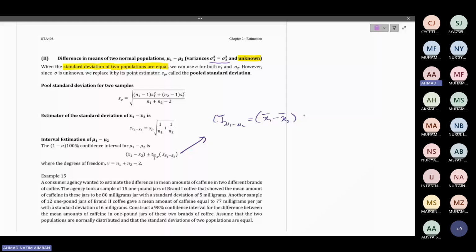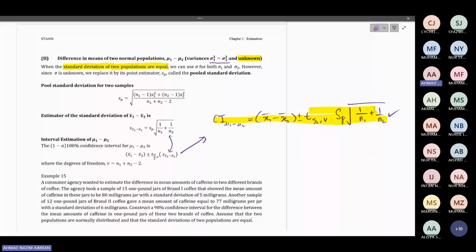T alpha over 2, degree of freedom. Terus masuk the standard deviation of the difference, which is equal to pooled standard deviation times the square root of 1 over n1 plus 1 over n2. Takut nanti you confuse antara yang ni bila nak masuk kat mana semua kan. So, straight away use this one. Okay, so you tak confuse lagi dah.